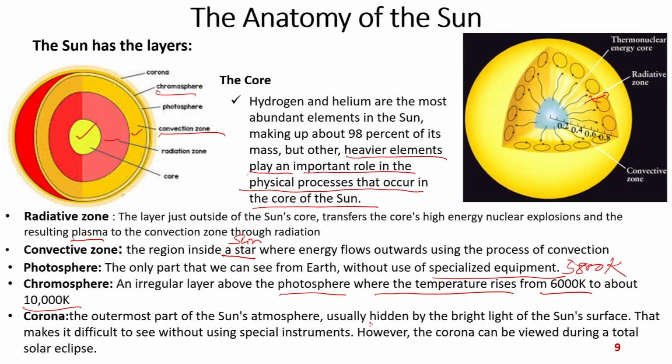This is usually hidden by the bright light of the sun's surface. So, we cannot see it the way we can see the photosphere without using special instruments. But the corona can be viewed during a total solar eclipse. We will come to it in the subsequent section when we discuss more about the corona layers.